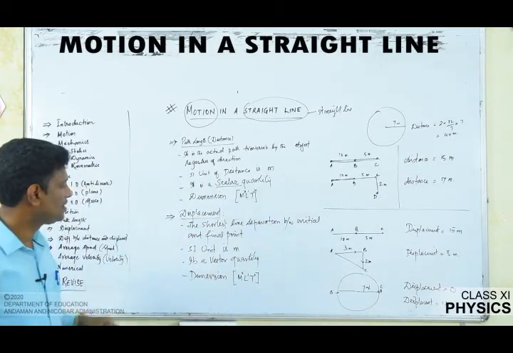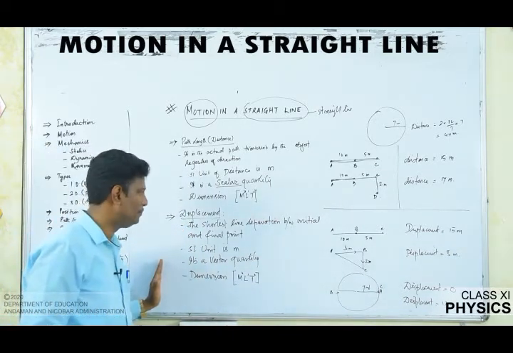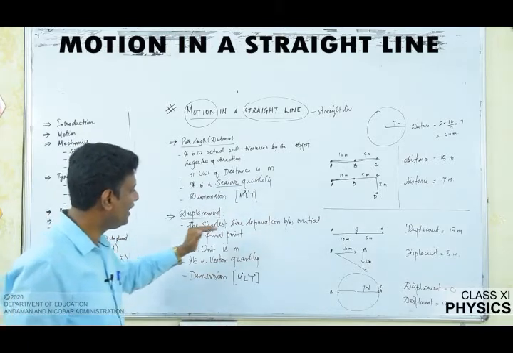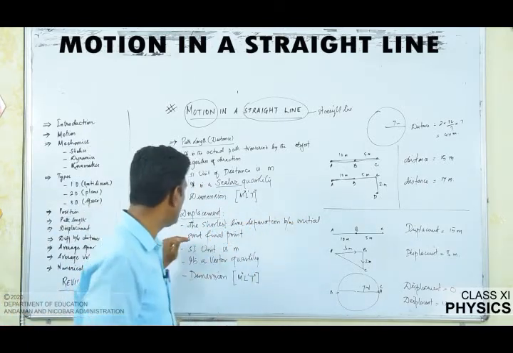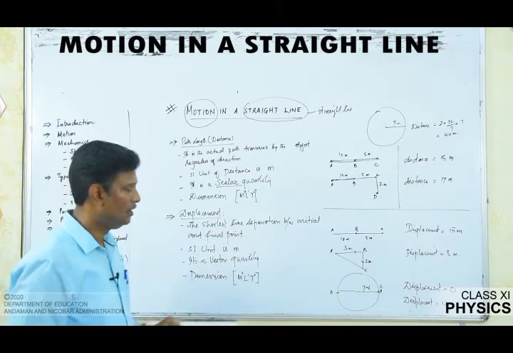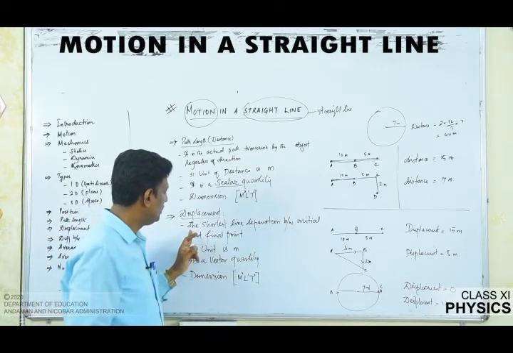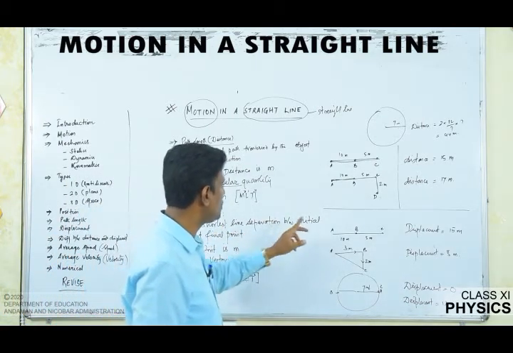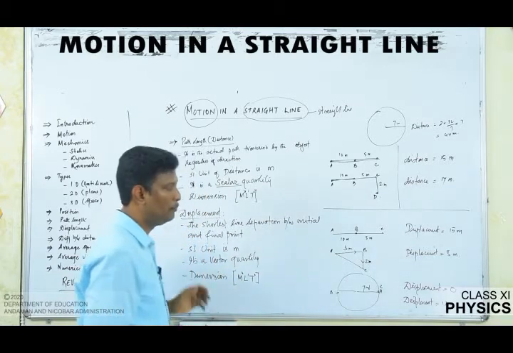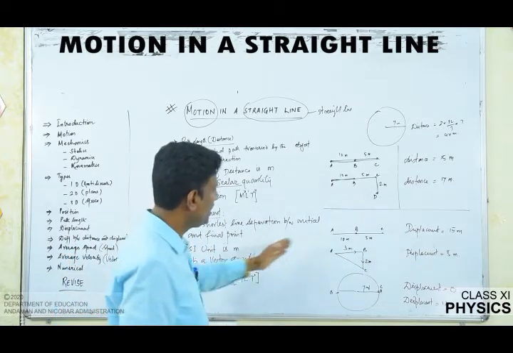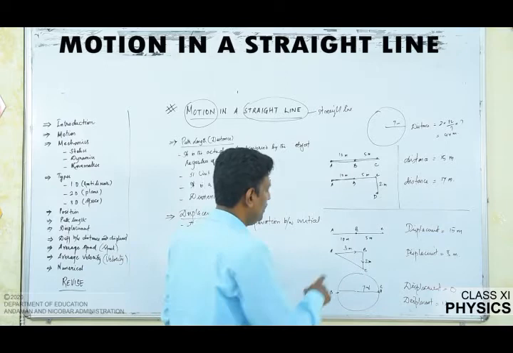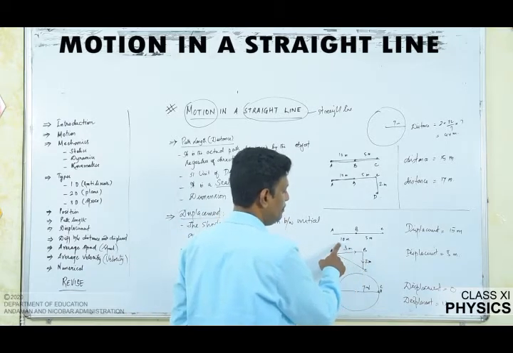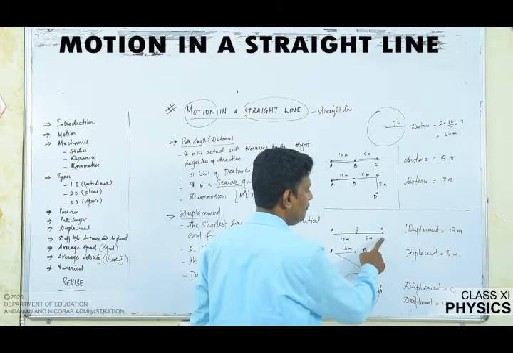Next, we shall discuss displacement. It is the shortest line separation between initial and final point. Let me remind you, the shortest line separation between initial and final point. Let us take an example here. A to B 10 meter and B to C 5 meter.